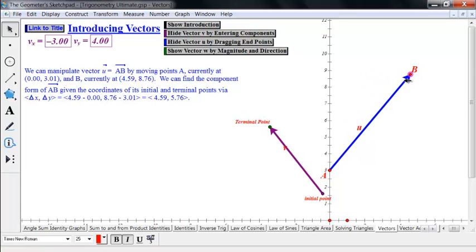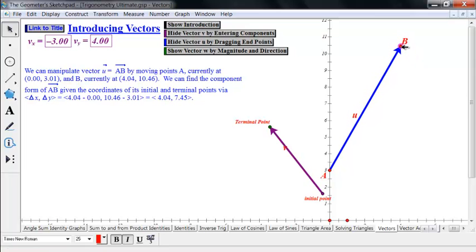Okay, and so let's see if I can get it close to a whole number here. Okay, so for example, we go from 0, 3 to say 4, 11. Yeah, close. Okay, and how do we find that vector?